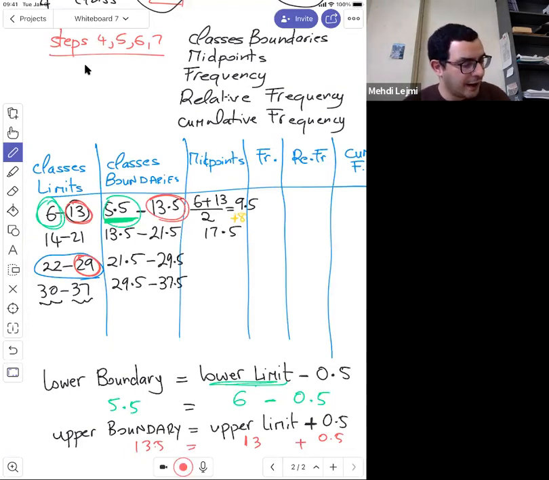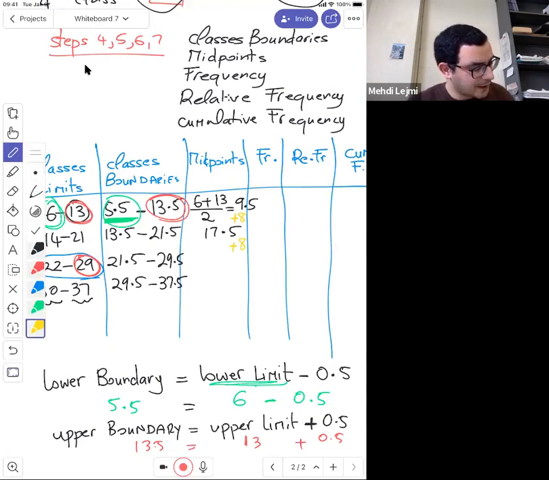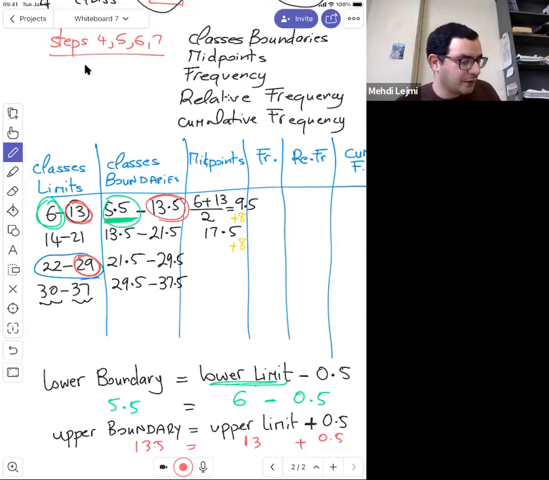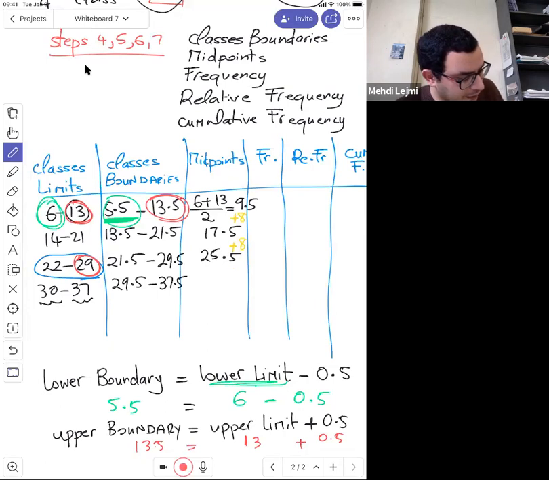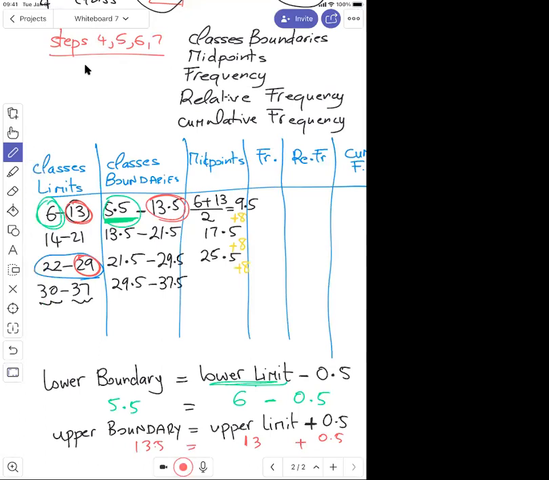You can add the width again, plus another 8, so 17.5 plus 8. The midpoint of the third class will be 25.5. And then for the last class, we add 8 again, so 25.5 plus 8 will be 33.5.